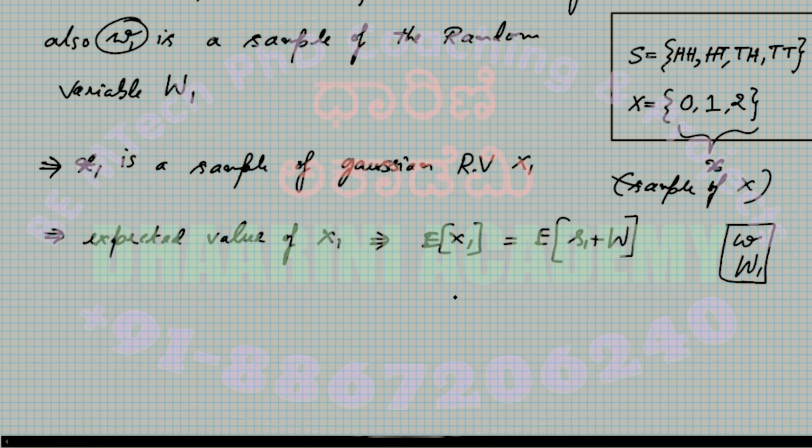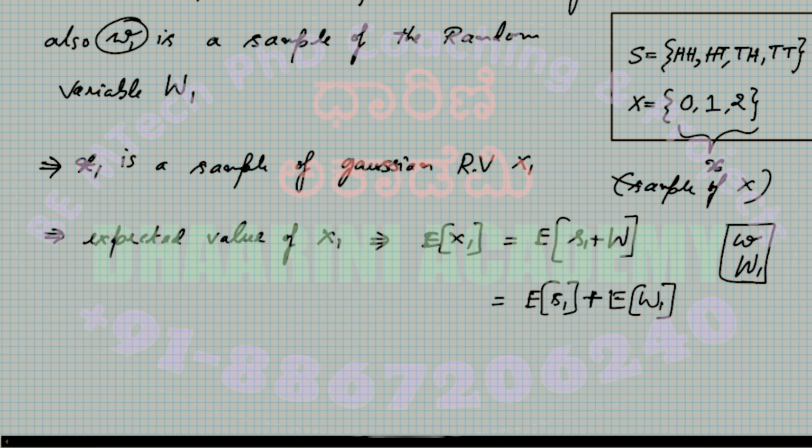So now the expected value, I can write as E of S1 plus the expected value of W1. W1, I know, is going to be 0.